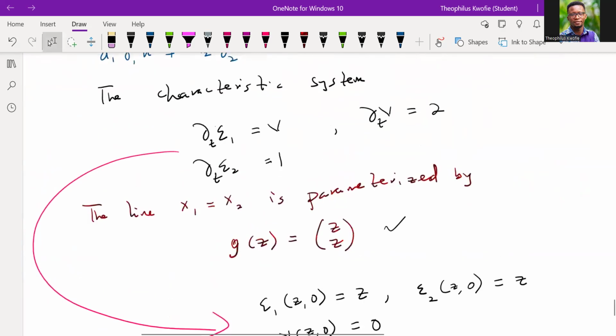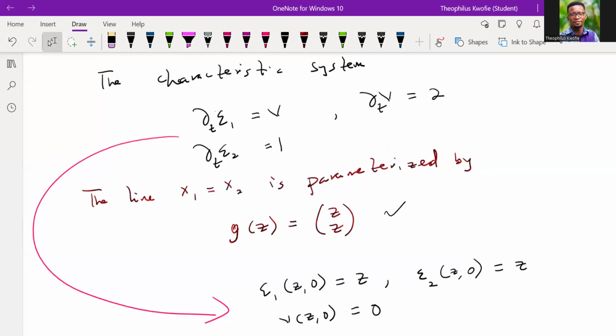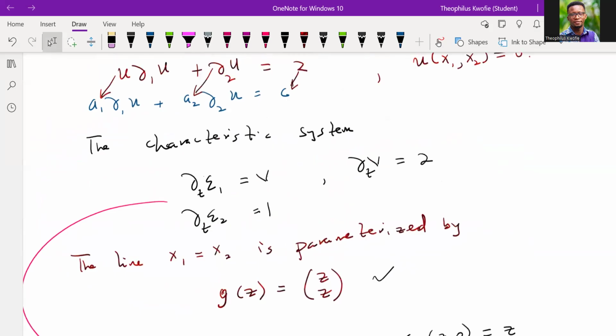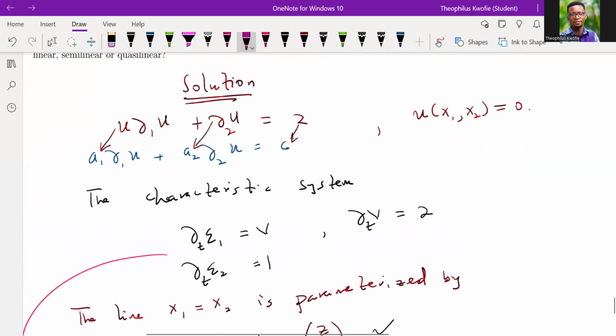Now we have the characteristic system with its initial conditions. So we can just go straight to the point and solve the systems, right? Okay, good. Now over here, we can see straight away that the solution of xi2 will be what?